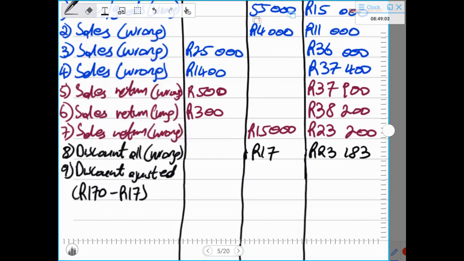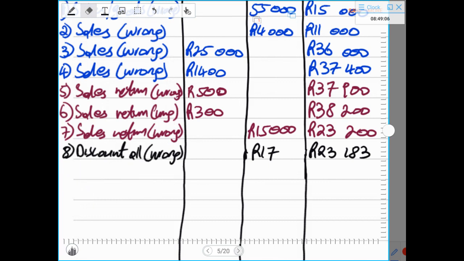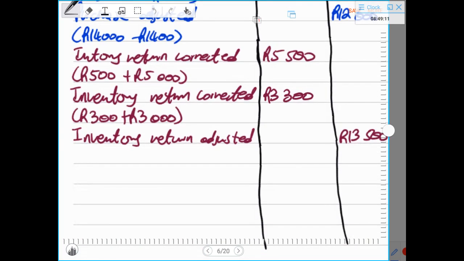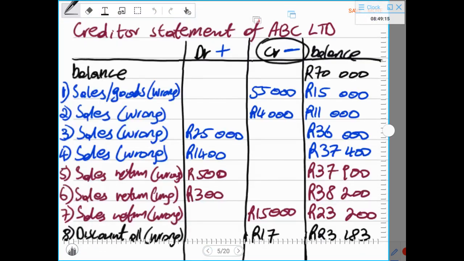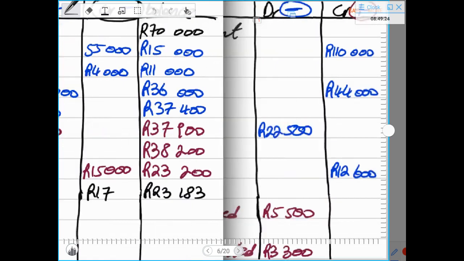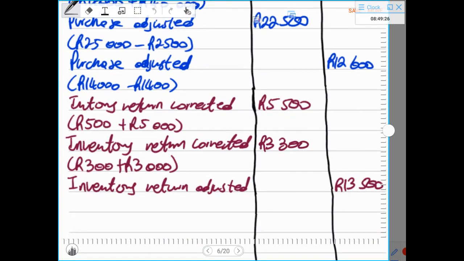This is the statement. This gives us an amount of 153 in the reconciliation. Okay, that is the first part of the discount.